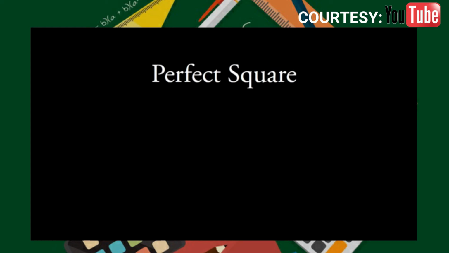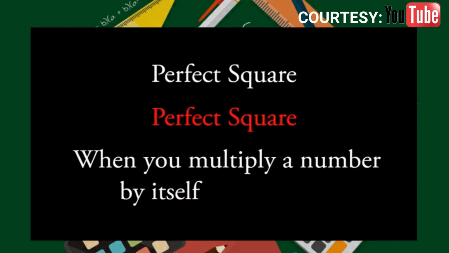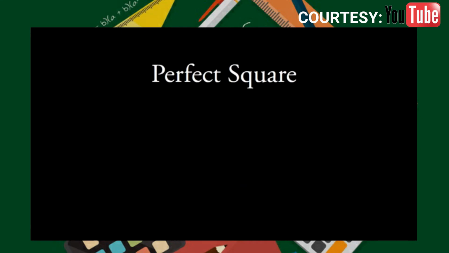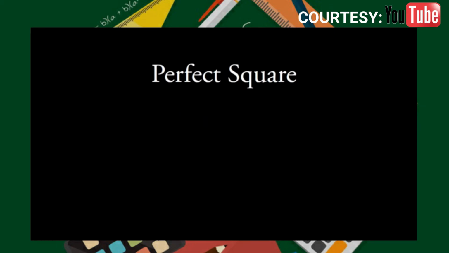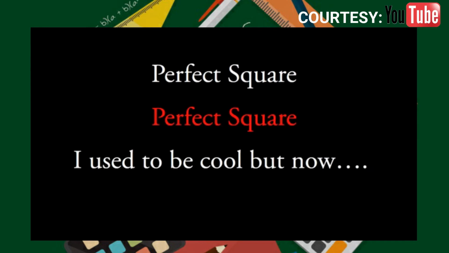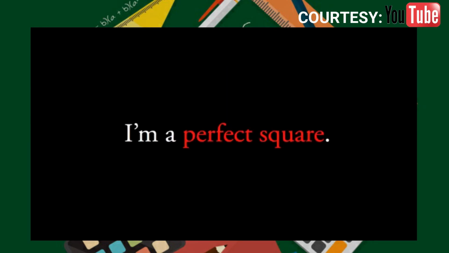Perfect square, perfect square. When you multiply a number by itself, you get a perfect square. I used to be cool, but now I'm a perfect square.